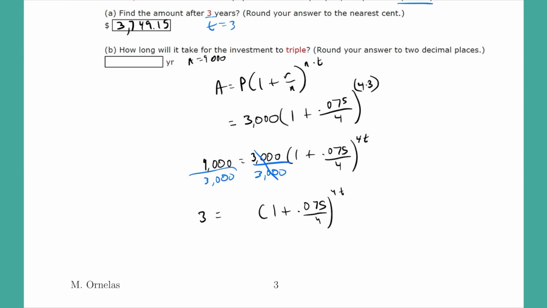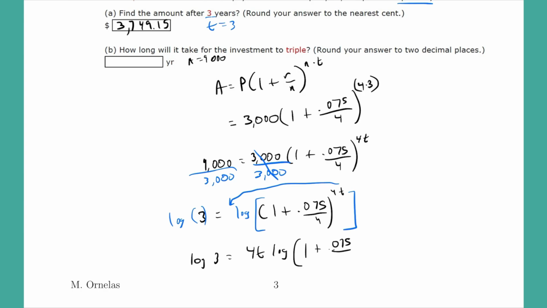So if I do base 10, that means it's going to be a log of both sides. And remember what we can do to the exponent, move that to the front. So now we have log of 3 equals 4t log of 1 plus 0.075 over 4.